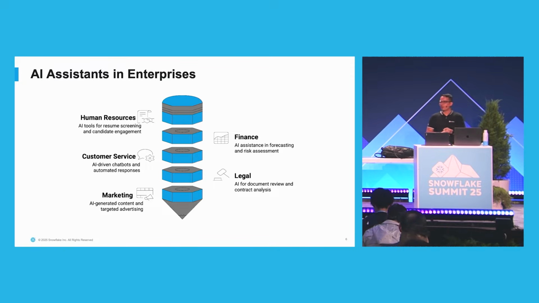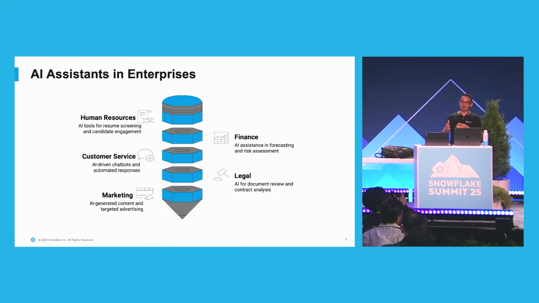I hope all of you are using AI assistants in some form or other. AI assistants are everywhere, and they are transforming work across different verticals of organizations. In HR, they are generally used for screening candidates, resume screening, and engagement with each candidate at every stage.